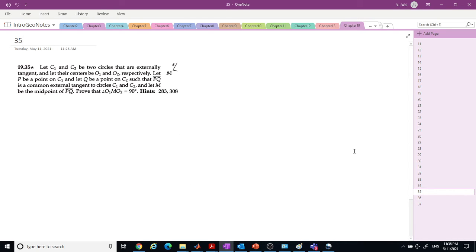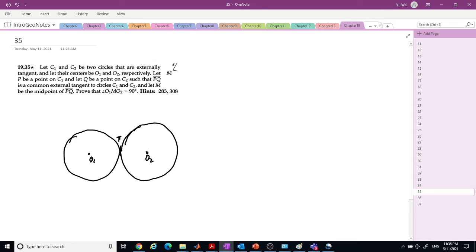Next. So C1 and C2 are circles tangent externally, okay? So C1 and C2 touching at point T, with centers O1 and O2.